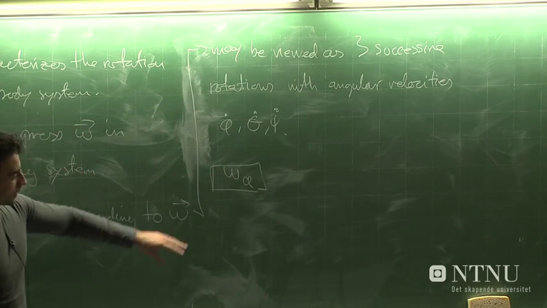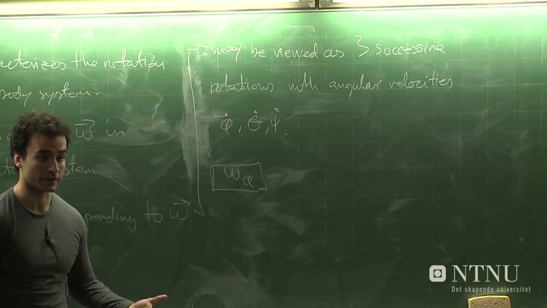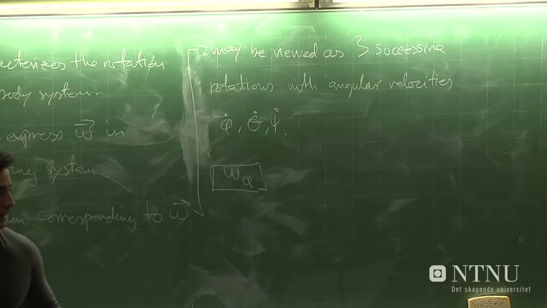So let's consider first the angular velocity due to the time change of phi. And that corresponds to the first step, where we had a matrix D, I think.